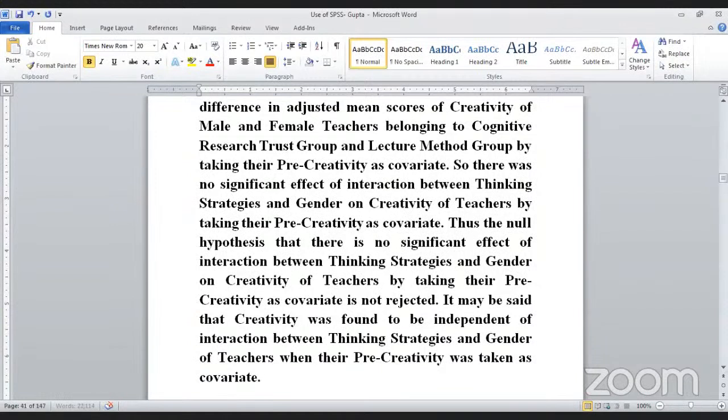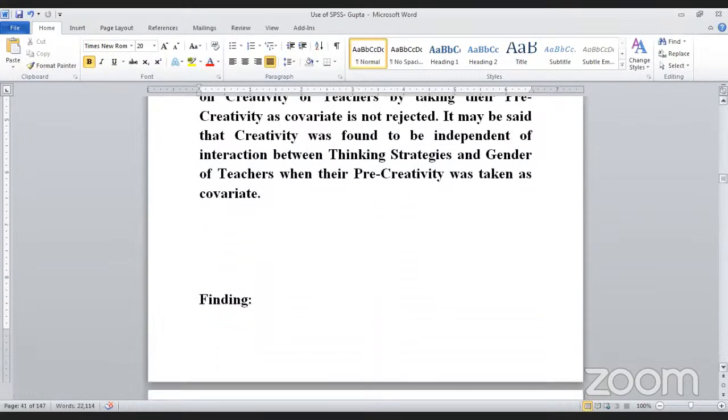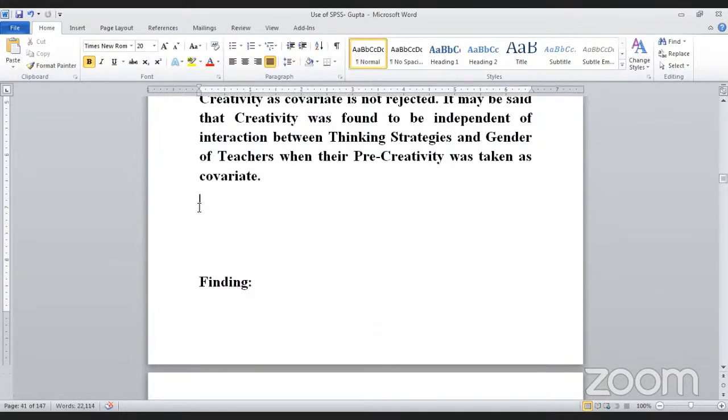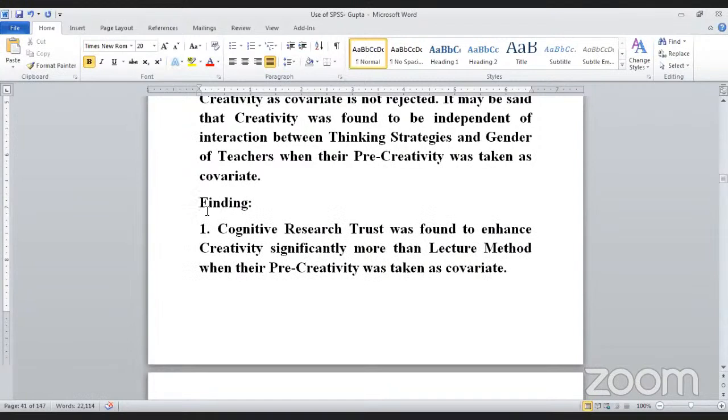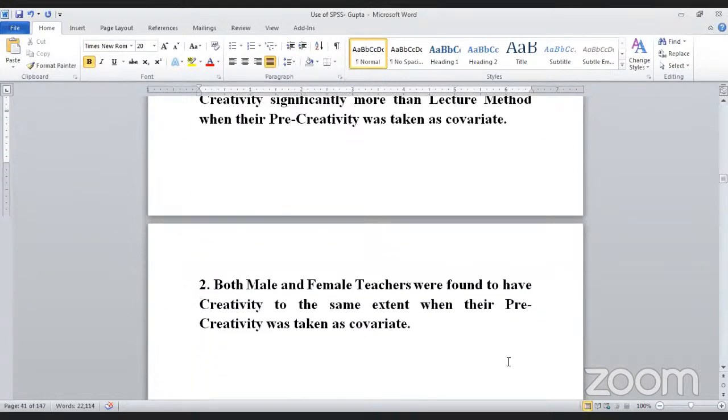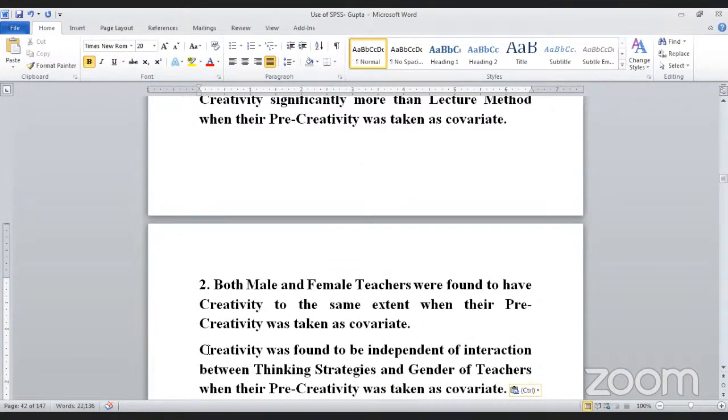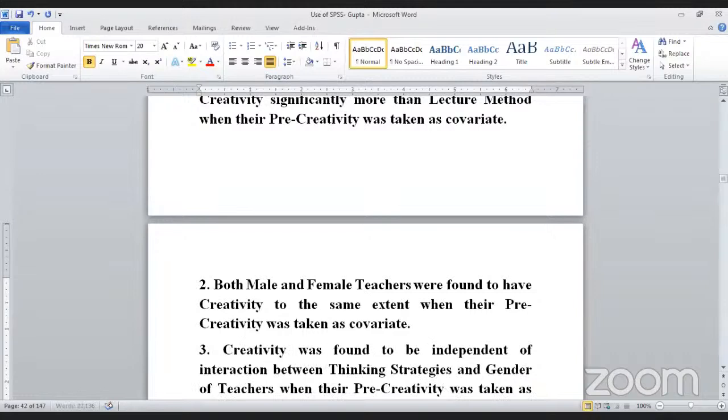So this becomes your another finding. So this is how you can write your findings also. Absolutely no problem.